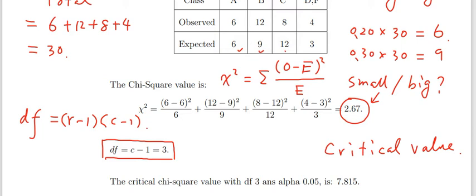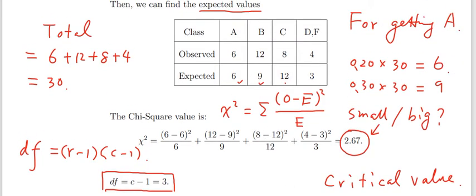Let's go back to our example. Here we have 30 students in our class, right? So 30 is a fixed number, and we just put these 30 into 4 categories.